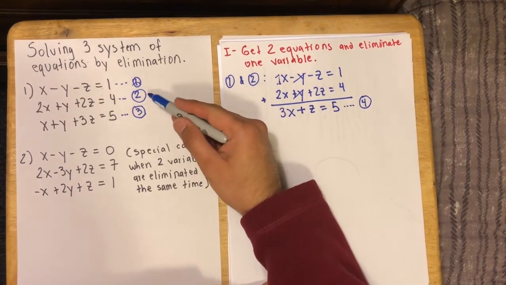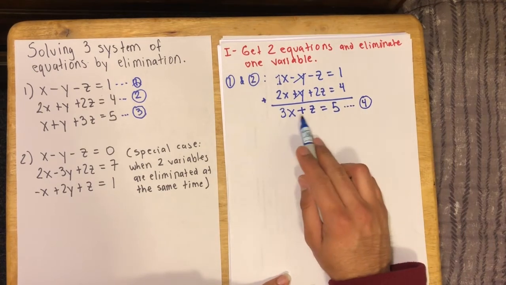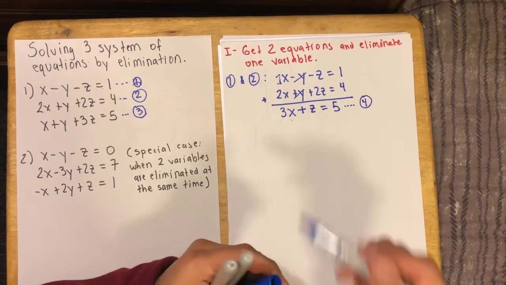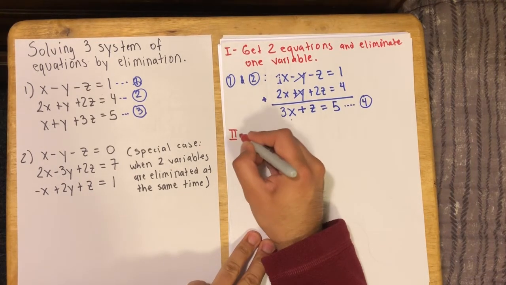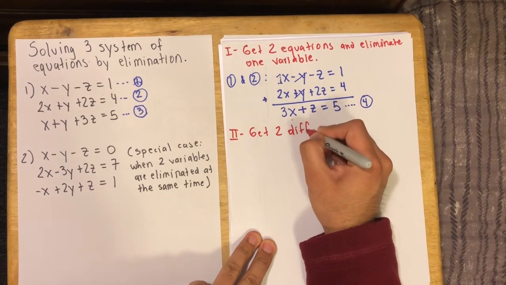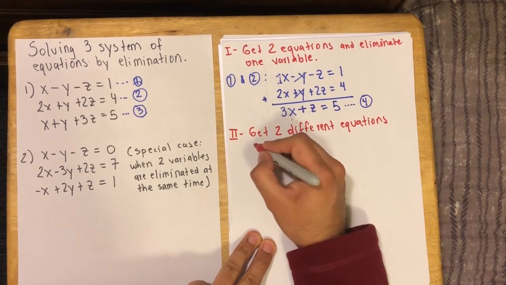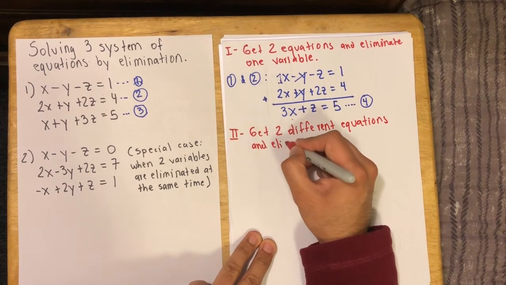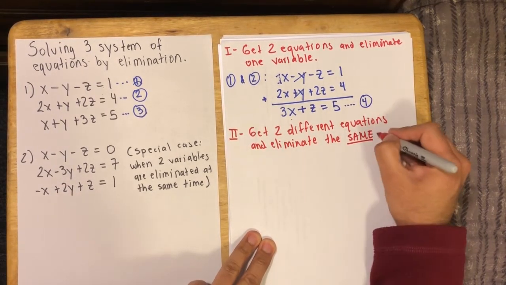So we have equations 1, 2, 3, and equation 4. Notice that equation 4 has only two variables, the x and the z. Now the next step, step 2, is to get two different equations and eliminate, and it's very important, the same variable.